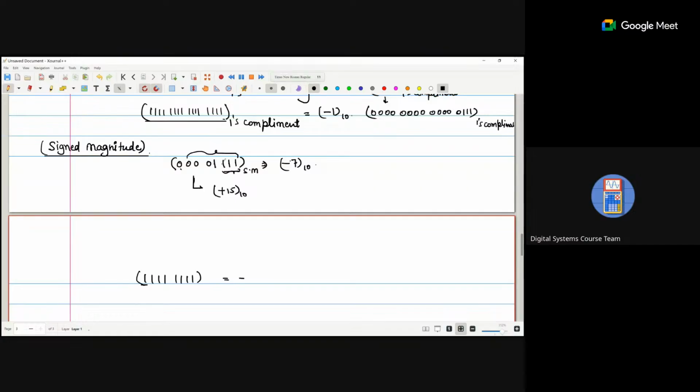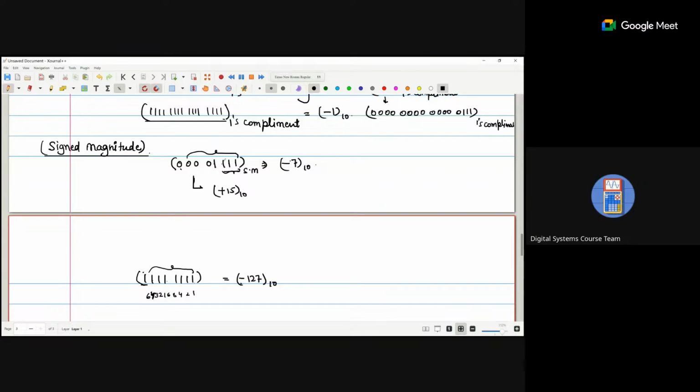And the decimal equivalent of this: 1, 2, 4, 8, 16, 32, 64. The number is all ones, that means 127, and because of this MSB, this is negative, so -127.